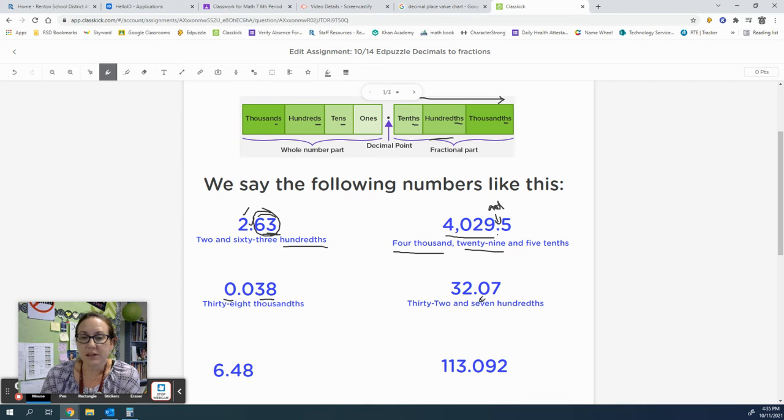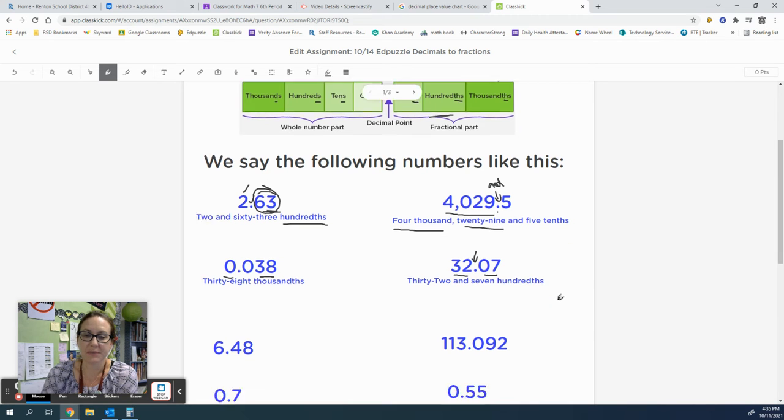Okay, so the next one, we have some in the whole numbers and we have some in the decimals. We say this as 32, and again, here's that and 7. The 7 is in the hundredths place, so 32 and 7 hundredths.